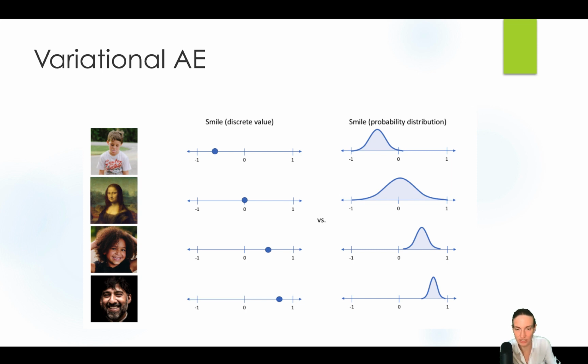So this illustrates this concept a bit more. We'll have latent probability distributions for each of the disentangled features. It could be for smile. Let's take the feature smile, and we'll see that in normal autoencoders we have a discrete value.